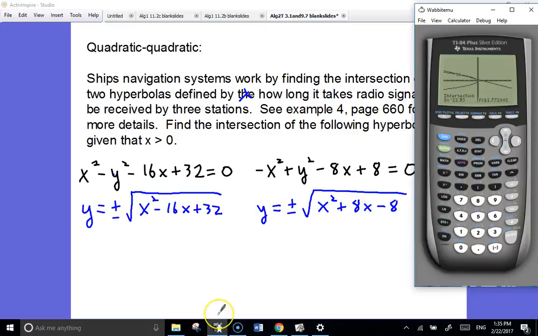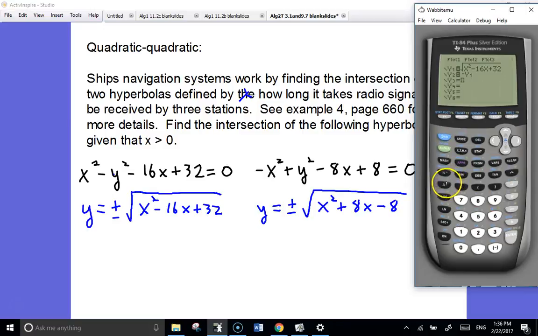So here we go. Y equals, clear, I'm doing the one on the left, the square root of x squared minus 16x plus 32. Okay, the second line, I've already got the opposite of what's on y1, so that's good. The next one, clear.